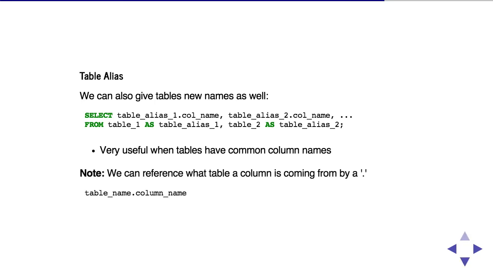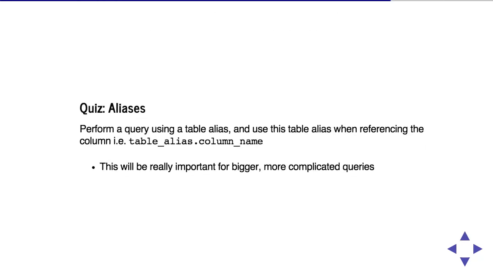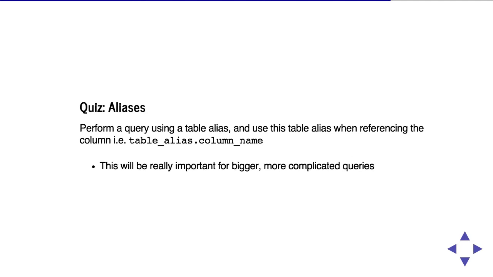We can also reference a column by the table name or alias, then the column name, and that tells us what column we were referencing in the query itself. This is also really important for bigger, complicated queries, like ones that are 100 lines long. You kind of want an alias in there somewhere.